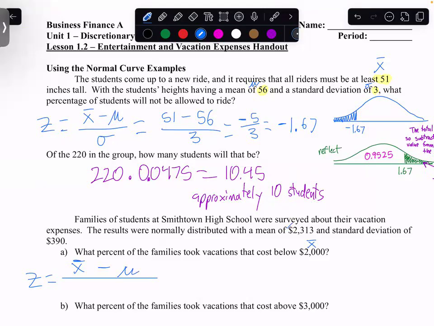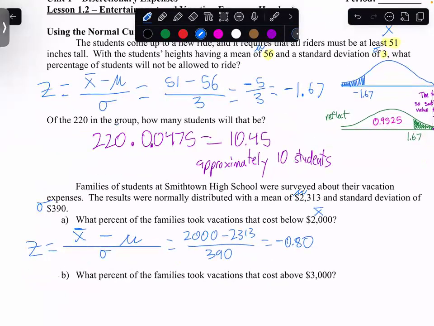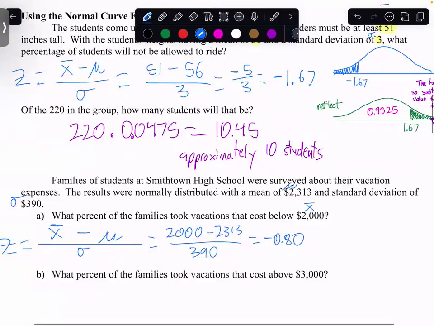We were told the mean is 2,313, and the standard deviation we were told is 390. So we've got our z-score, negative 0.80.